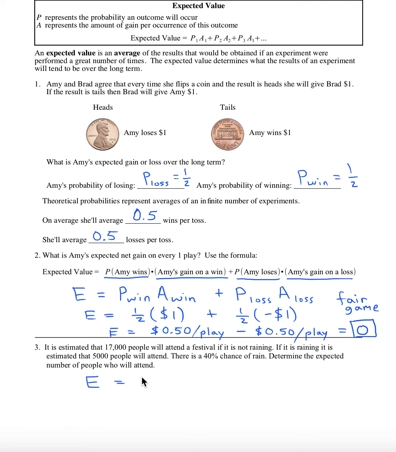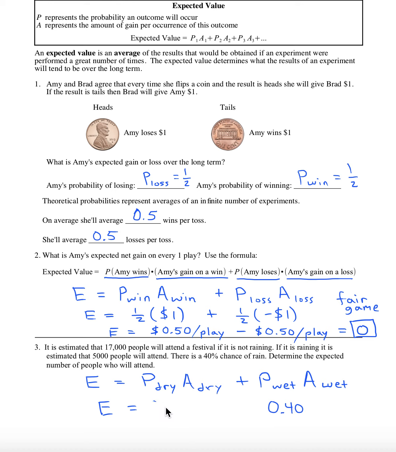So the formula to use here would be the probability of dry times the amount of people who will show up if it's dry, plus the probability that it's raining times the amount of people who show up when it rains. So if it's a 40% chance of rain, then we want to put that here.